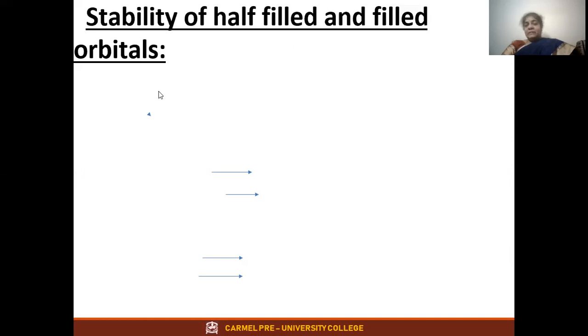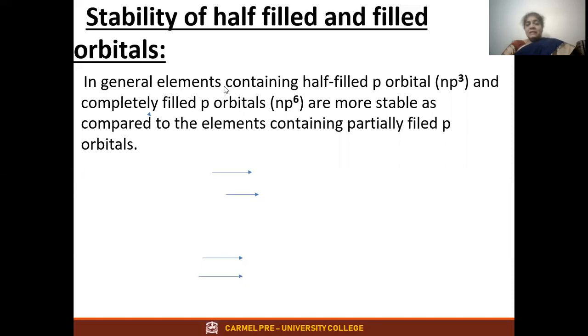fully filled orbitals. In general, elements containing half-filled p orbitals. How many p orbitals do we have? We have 3 p orbitals. 3 p orbitals can hold how many electrons? 3 p orbitals can hold 6 electrons. So the capacity of the p orbital is 6. If you remember, the capacity of the s orbital is 2. The capacity of the p orbital is 6.